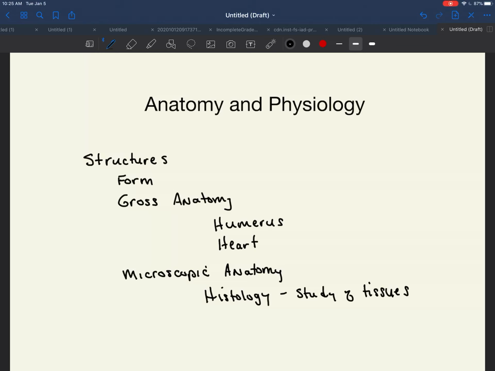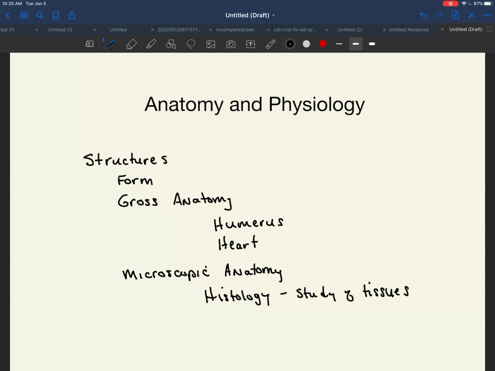Now, understanding structure oftentimes involves a lot of memorization of the different components of the parts. But we can't really understand the structure unless we understand the function. So oftentimes we say that form follows function. So really it is how it works, the mechanism that determines the form.